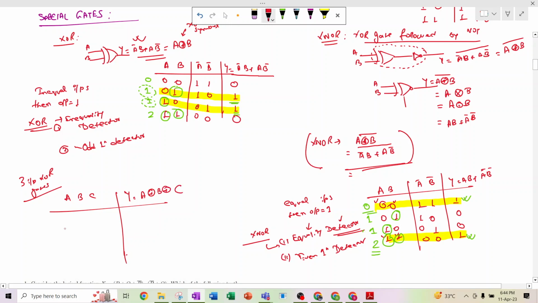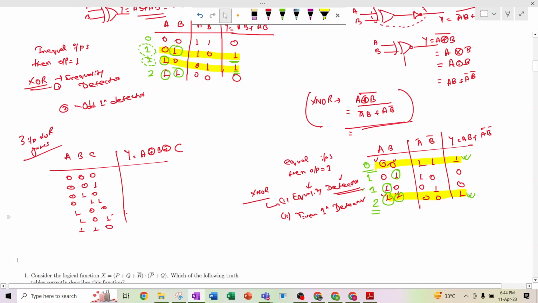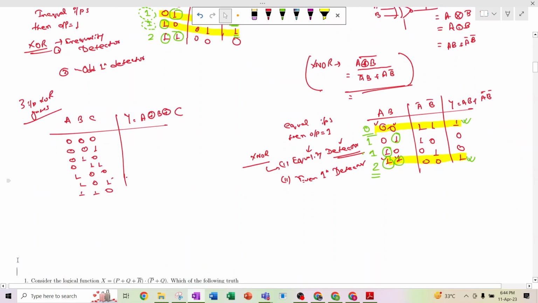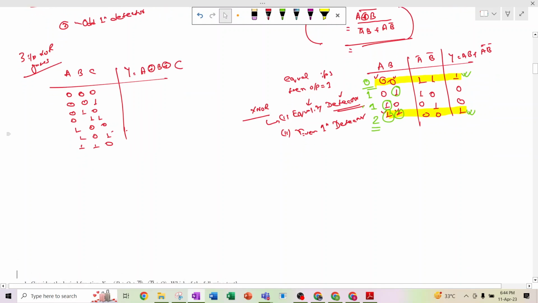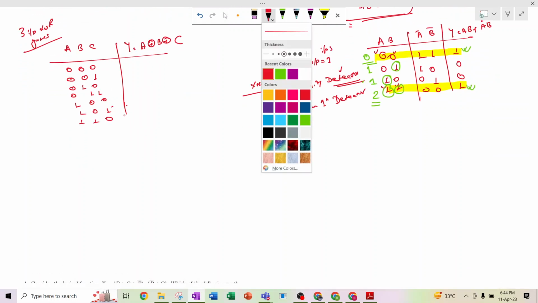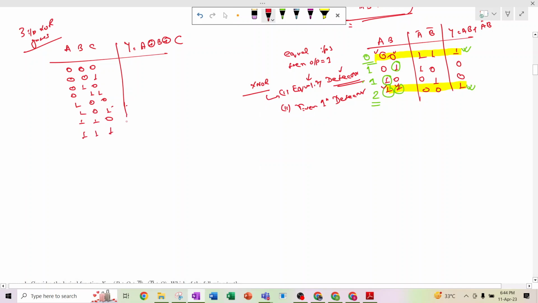There are 8 combinations possible: 000, 010, 011, 100, 101, 110, and then 111. Where there is an odd number of 1s, the output will be 1.